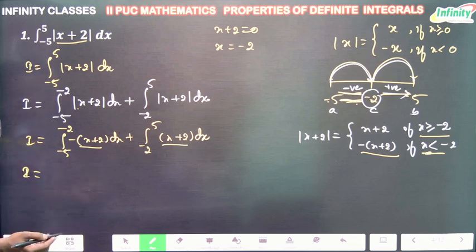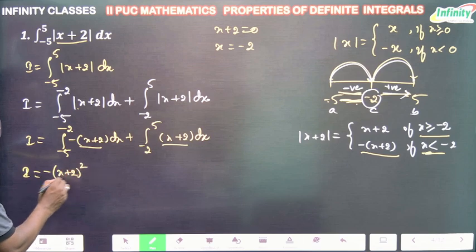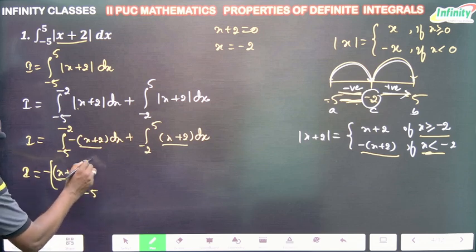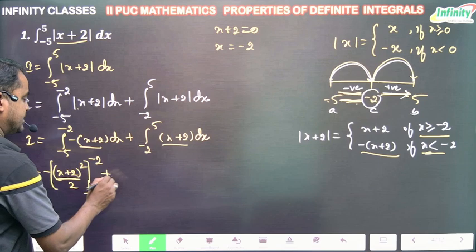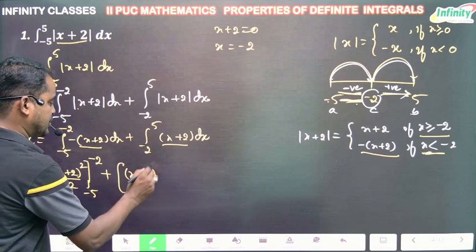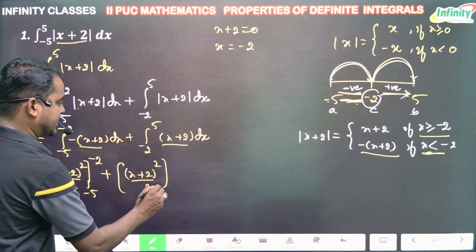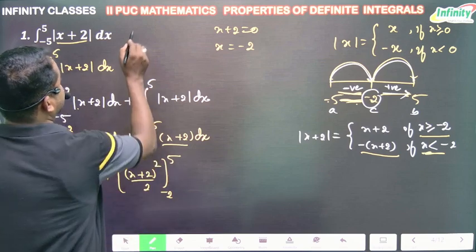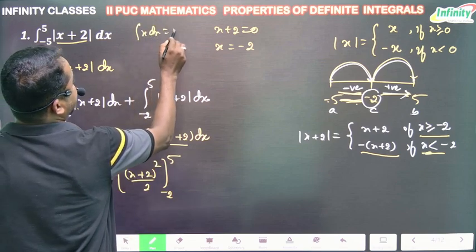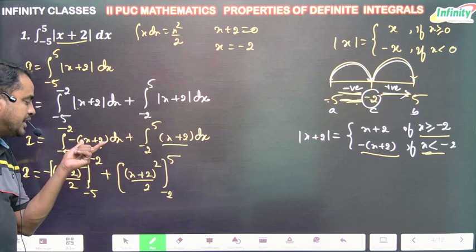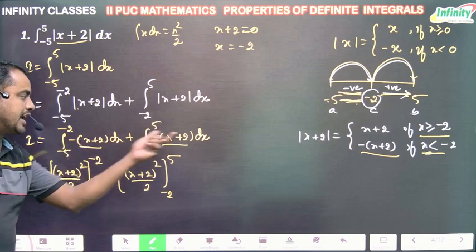Integration of x is x square by 2, so we get minus x plus 2 whole square divided by 2 between the limits minus 5 to minus 2, plus x plus 2 whole square divided by 2 between the limits minus 2 to 5. We are applying that integration of x dx is x square by 2. Instead of x, x plus 2 is there, so the integral is x plus 2 whole square divided by 2.